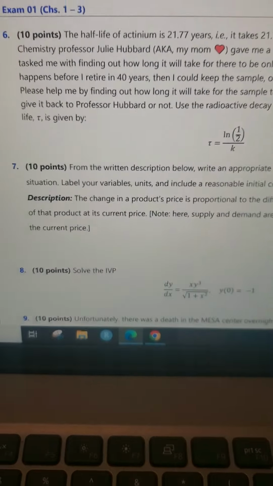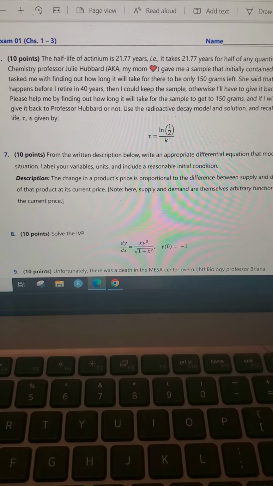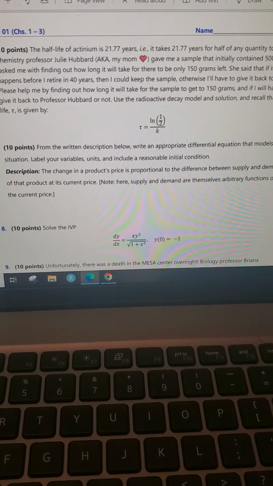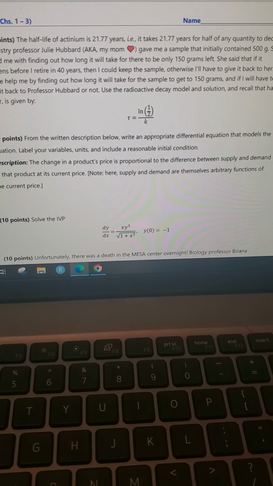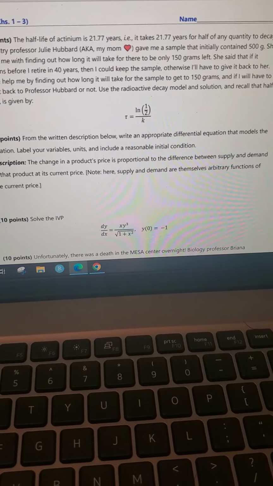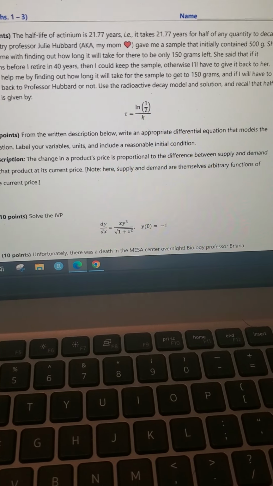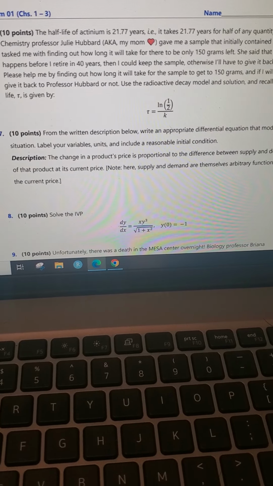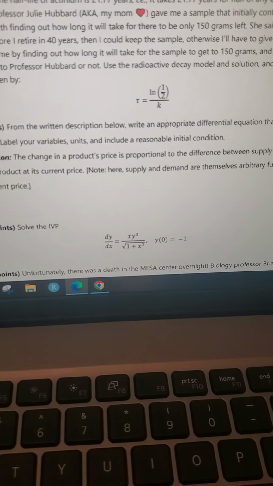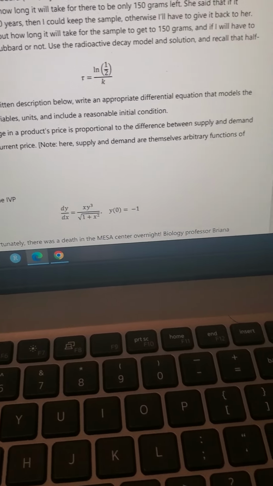Just looking at number 6. Because we're given half-life, I'm thinking, okay, let me just use some of the stuff that I know. It says use the radioactive decay model, and we're also given that tau, which is helpful.